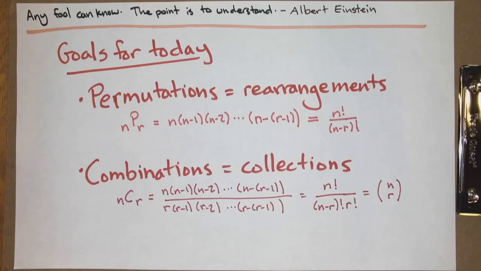Put them in a list of some sort. For combinations, we can think of that more as a collection. I have a group of n objects, and I pick r of them out, and I just say, look, you're all together in a set. Sets, order doesn't matter. So it's just a matter of picking them out. So that's what we're going to talk about. We'll talk about how you compute these, and then we'll also talk about the various ways to notate these.